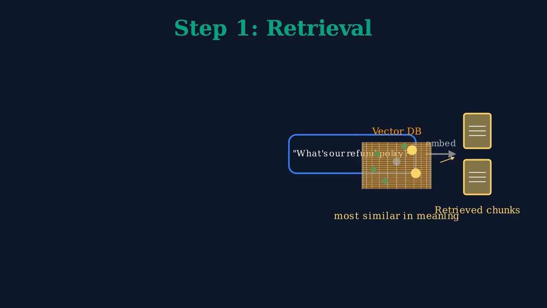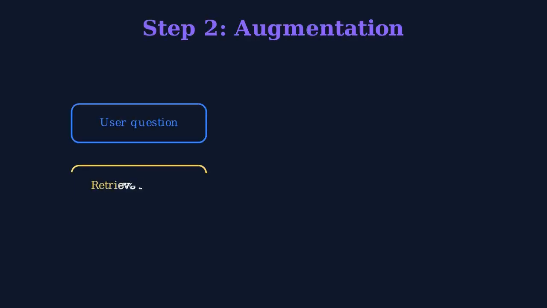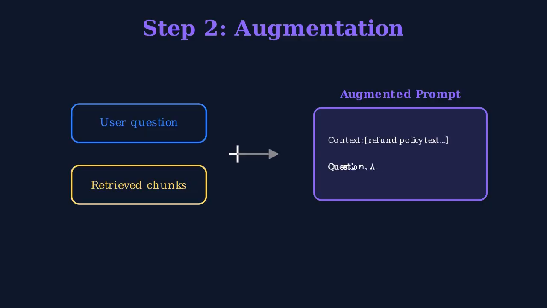This step is called retrieval. So the user asks a question, it's converted to a vector by the same embedding model, and the system checks the vector database, compares the question with all the stored documents, and returns the chunks with the most similar meanings. This is how the system finds the most relevant context for the question being asked.